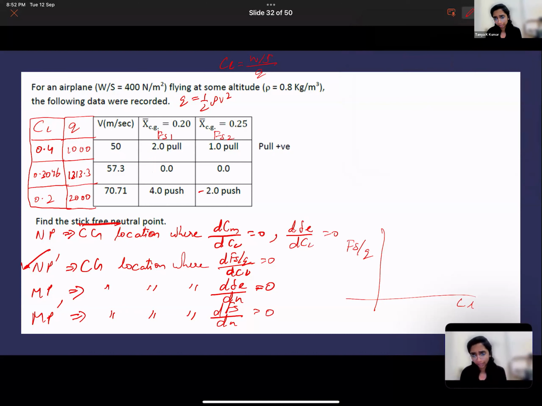Fs, do we have Fs? What is this 2 pull, 4 push? What is all this? What is this value? In the question, they've given you 2 pull, 0, 4 push. What is all that?